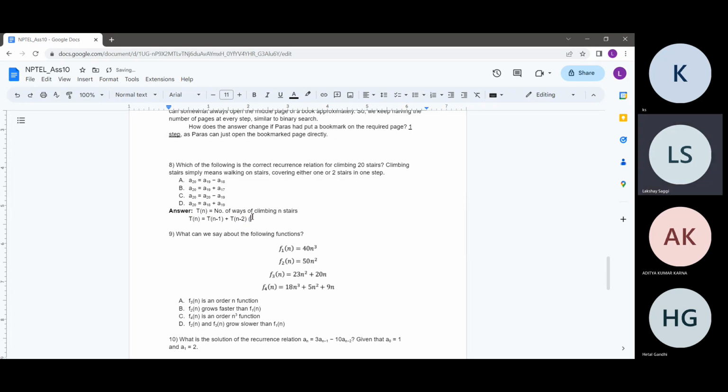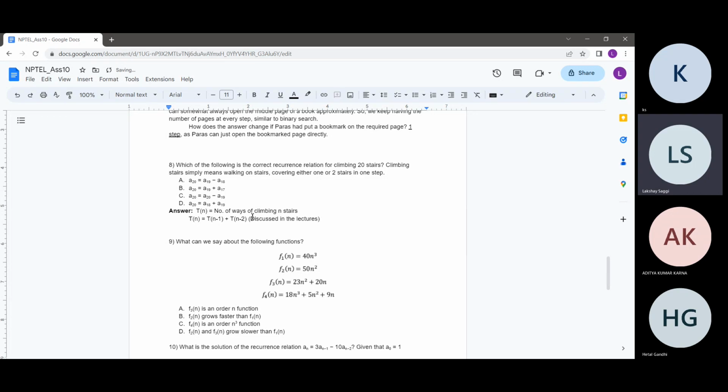This was discussed in the lectures, and it is not too difficult to see. Also, we just discussed this orally. Here it is written as A of n instead of T of n. So T of 20, putting n equals 20, is T of 19 plus T of 18.